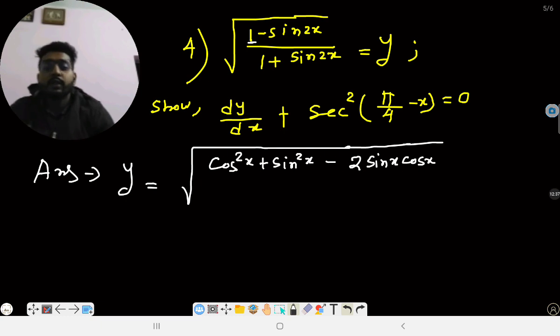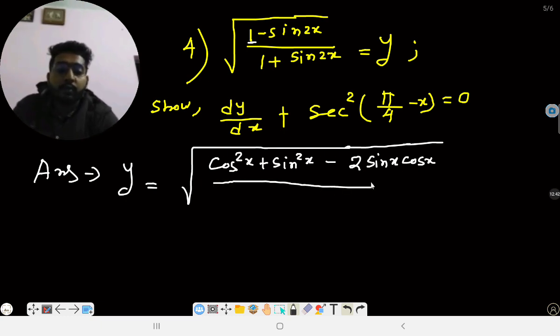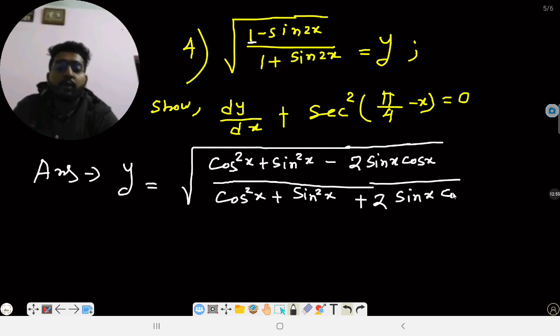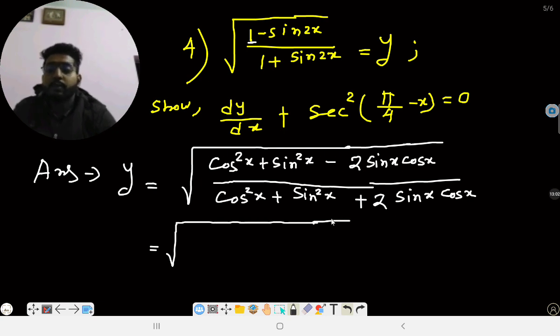So here you can see sine 2x is 2 sine x cos x. Now next, again 1 can be written as cos square x plus sine square x, and in the denominator, again plus sine 2x can be written as 2 sine x cos x, like this. So here in the numerator we can see this is a formula, algebra. This is a square, this is b square, and this is 2ab, like this.